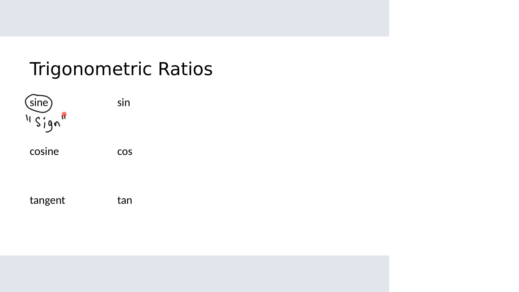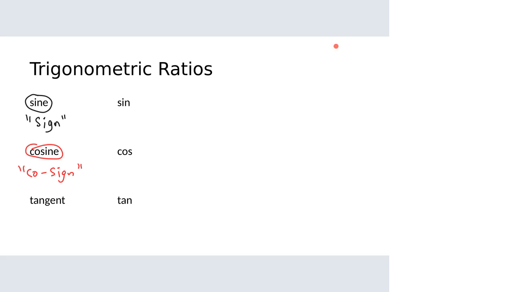And the abbreviation is SIN. You probably have a button on your calculator that has that on it, and it's for finding the sine. Next up is cosine, and it's pronounced cosine. And its abbreviation is COS. And then finally, we have tangent down here at the bottom, and it's pronounced just like it looks, tangent.